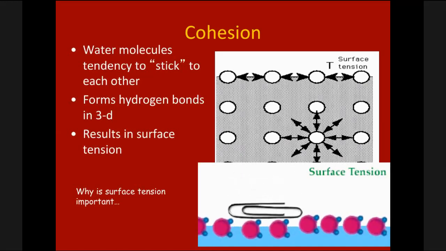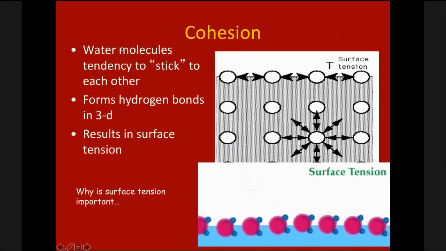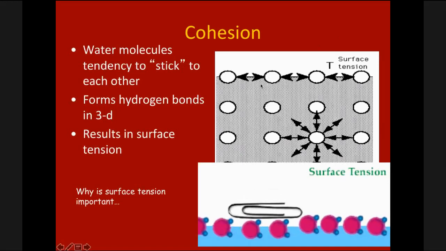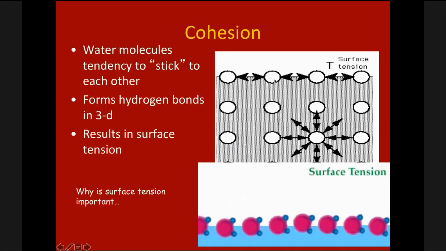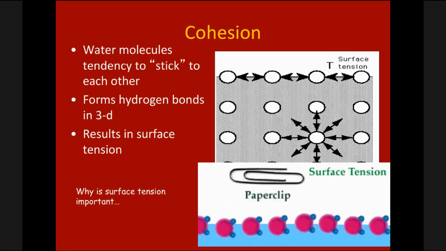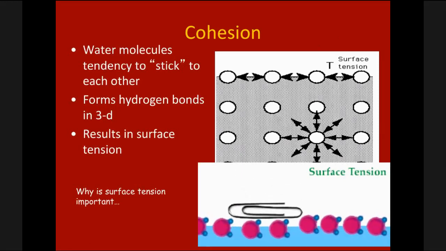Cohesion. Right? Now, the significance of this, the biological significance, is that when you're looking at a body of water, there's going to be an edge to it, like where the water stops, there's no water molecules above, and it's air. Right?